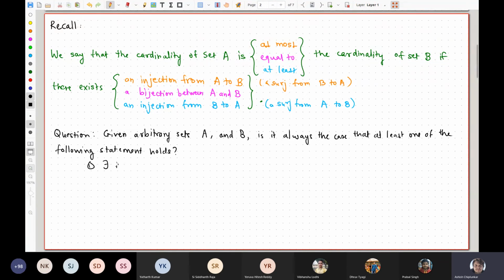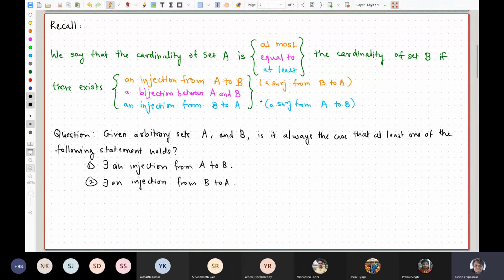There exists an injection from A to B, and the second statement is there exists an injection from B to A.